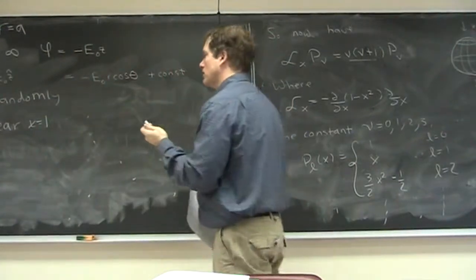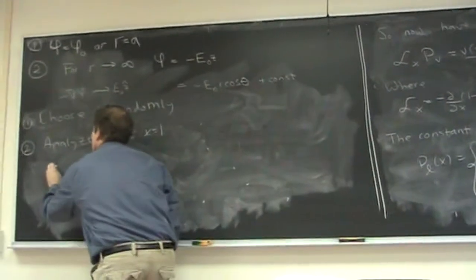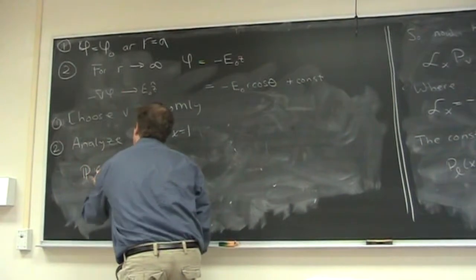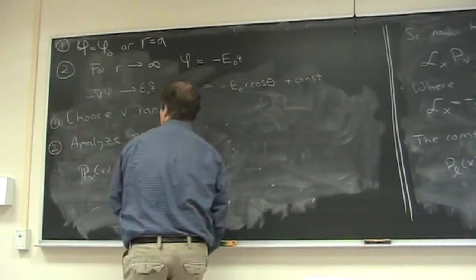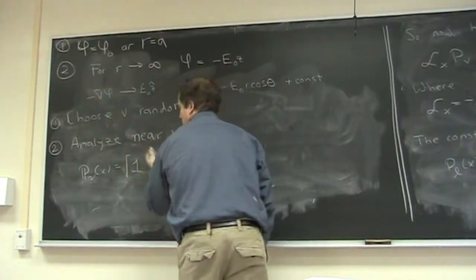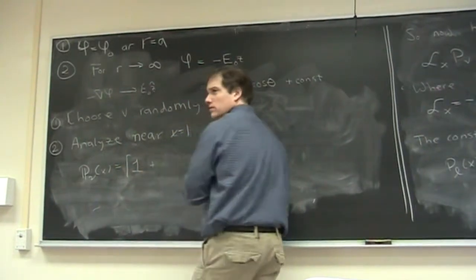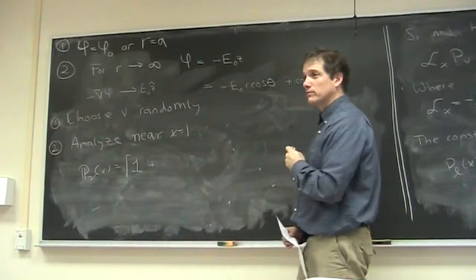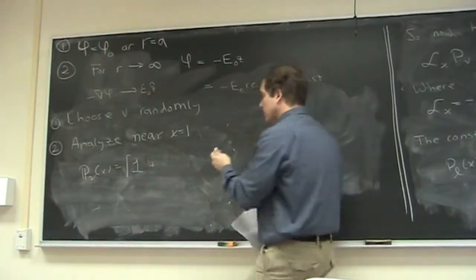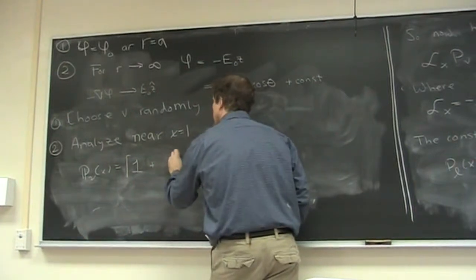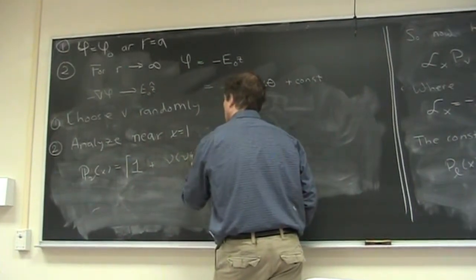We already said P nu of x is equal to some constant, which we can choose to be 1, and now you can develop a Taylor series. The lowest term we already said was 1, or log, which we eliminate. Now we look at the next term in the series.